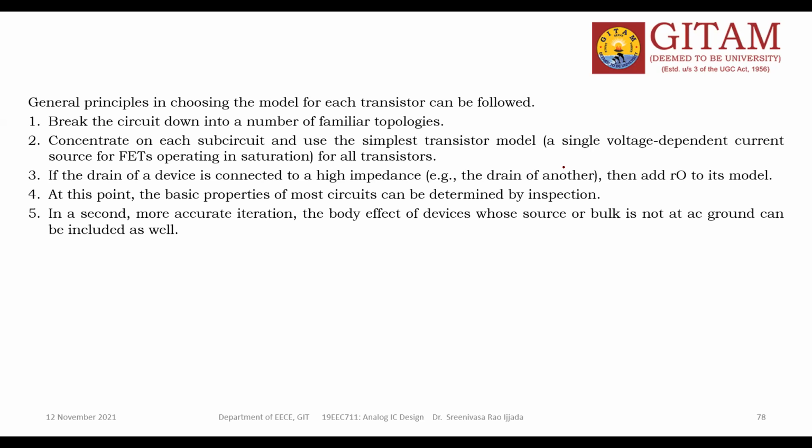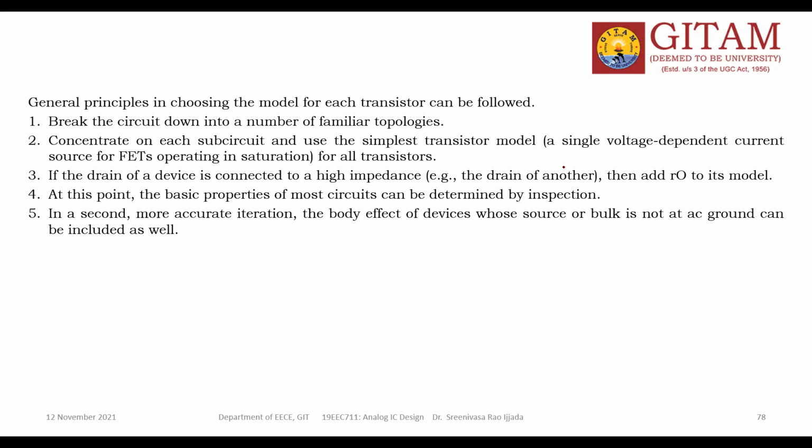Body bias will be considered whenever the source or bulk is not at AC ground. Because what is body effect? Generally in MOS devices, our source and the body or bulk are joined together and connected to ground. If practically the bulk potential is somehow lower than the source, then body effect comes into the picture.